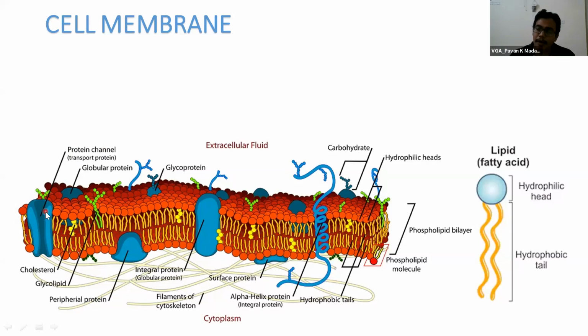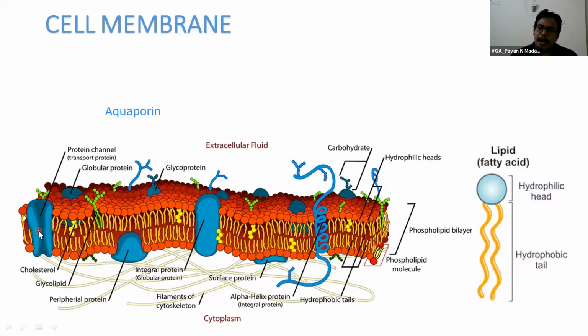For example, we have aquaporin. This aquaporin molecule is similar to the ion channel you see here. What does it do? It allows only water molecules to go in and out through that protein.